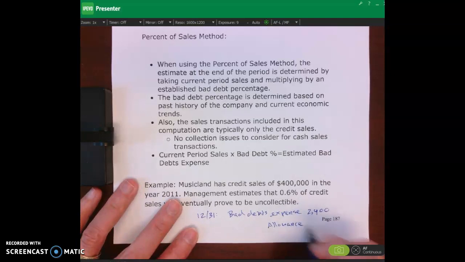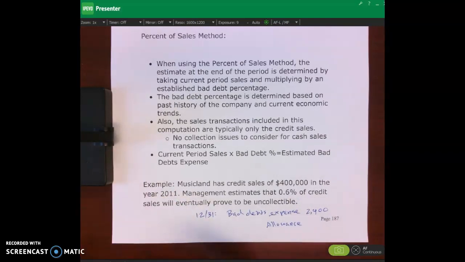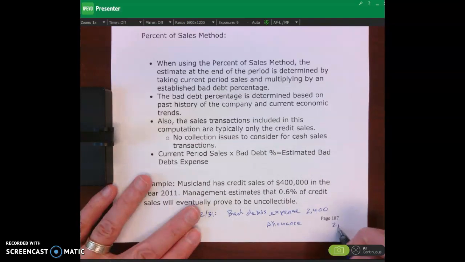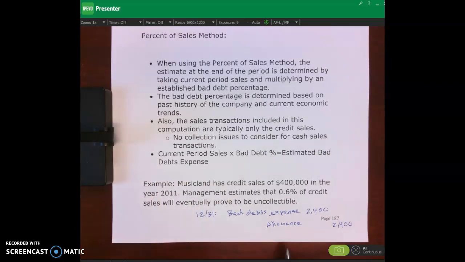I'm just going to write allowance, but remember the full account name is allowance for doubtful accounts. So debit to bad debts expense, credit to the allowance for doubtful accounts for $2,400, okay?